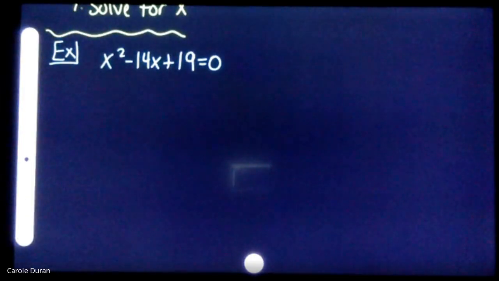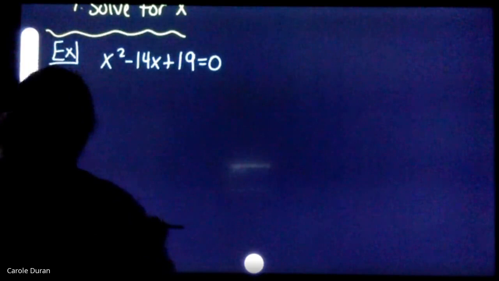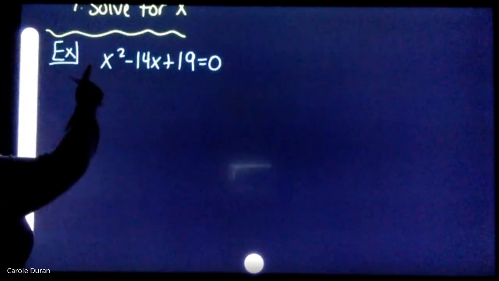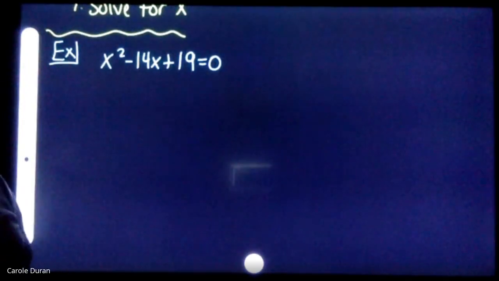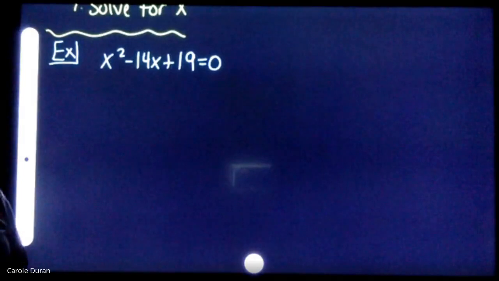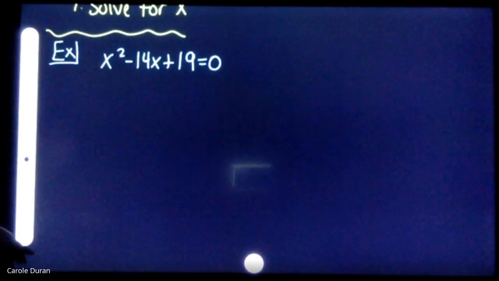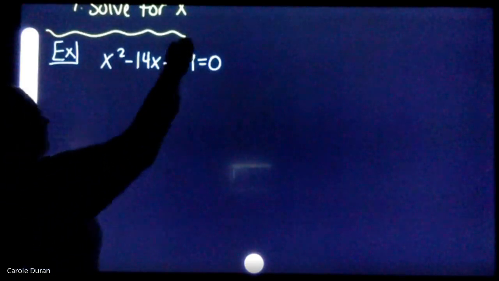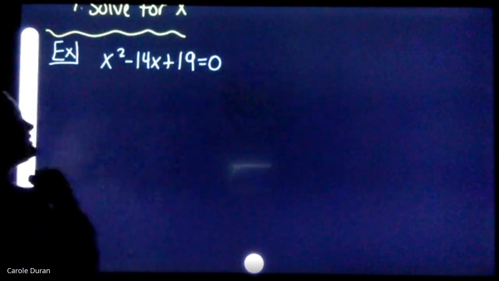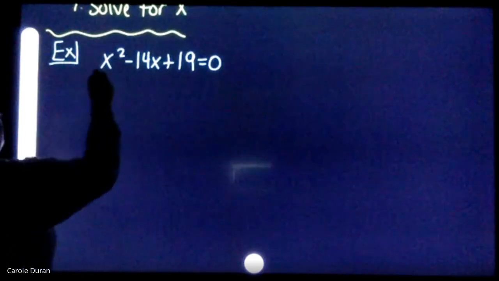Following the steps that we already listed, the first thing I need to do is divide everything by the number in front of x squared. Here there is no number there, so it's already a 1, so I don't need to do that step. Step 2 was to isolate the constant term. So I'm going to take this 19 and I'm going to subtract it over to the other side of the equal sign.